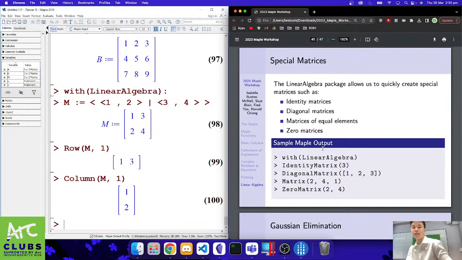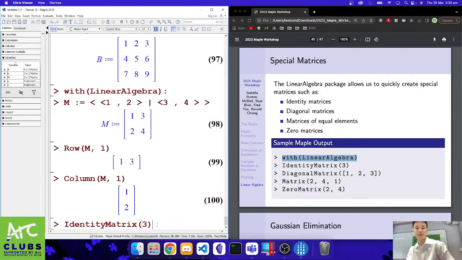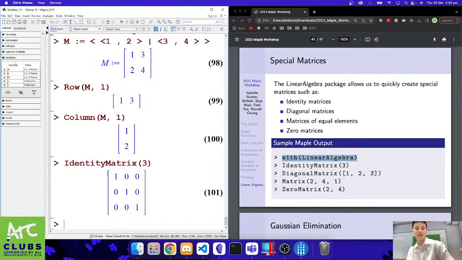And all of these commands come with the linear algebra package, so you have to make sure that you have imported this package first. Okay. So if we want identity matrix, a 3 by 3 identity matrix, we simply call the identity matrix command and pass in 3, hit enter, and we get the nice diagonal of 1s.